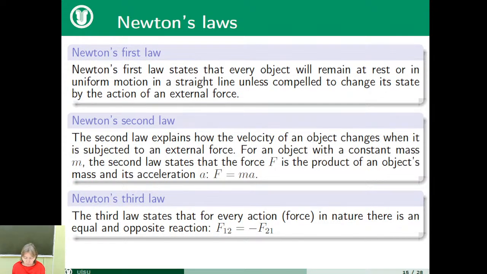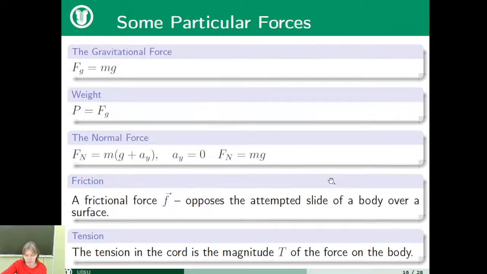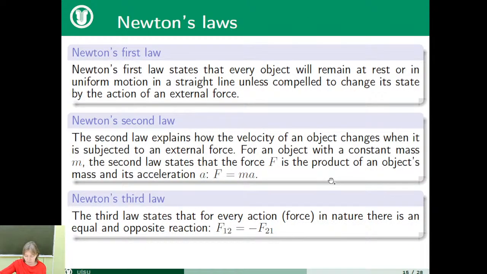Forces are most often represented with a vector symbol such as F, F with a vector. And a net force is represented with a vector symbol F net.